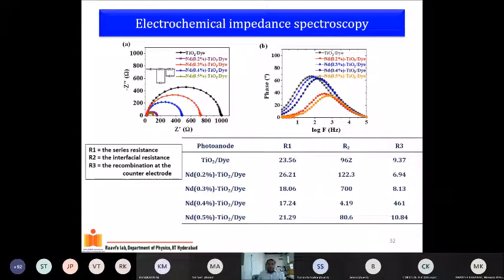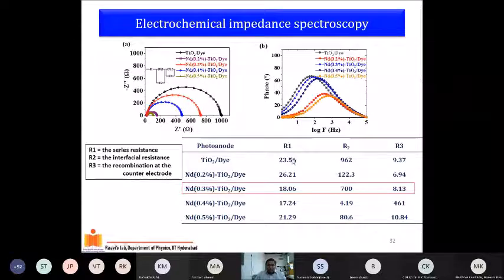Now one can do electrochemical impedance spectroscopy to look at how the contact resistance is changing. This particular technique is something which an electrochemist would explain better, so I will not deal with it at all. In fact, we haven't done it in our lab. We requested our friend Praveen Beduri, who helped us in this experiment. What we have found, again, I'm highlighting the 0.3 for some reason, I'm sorry about it, is that the resistance is less for 0.4.